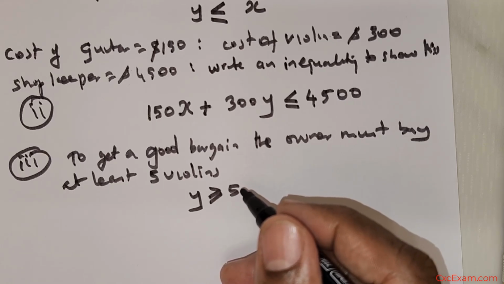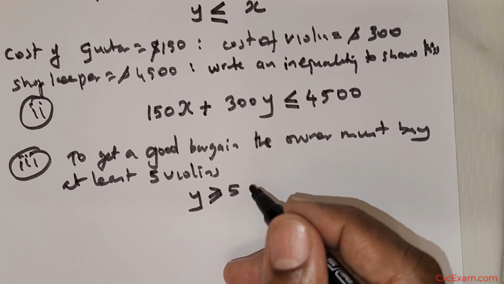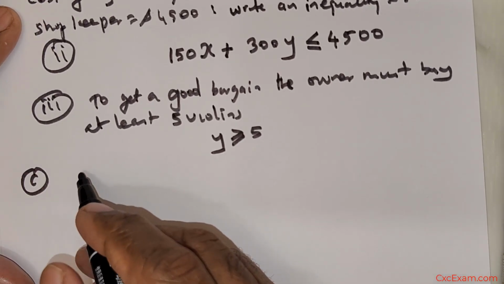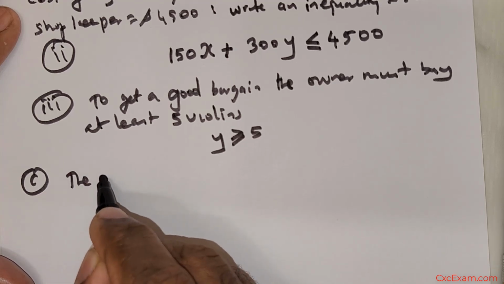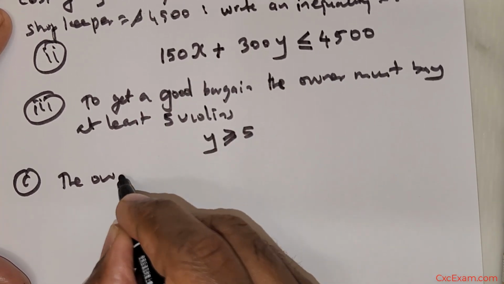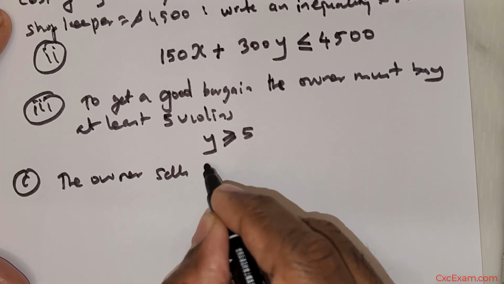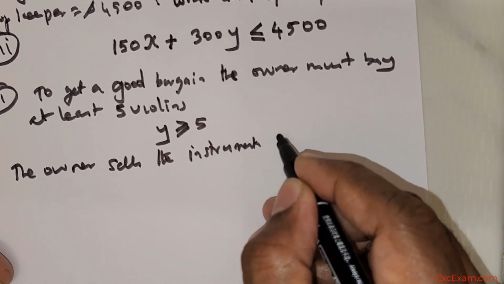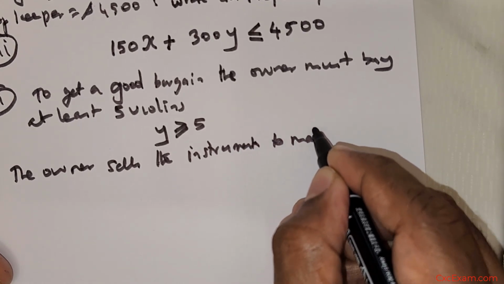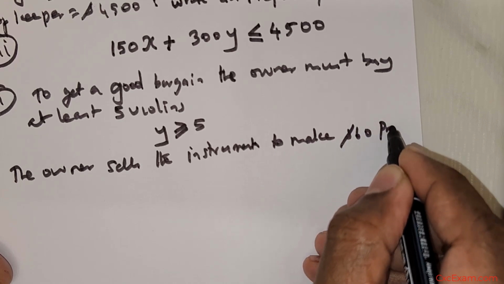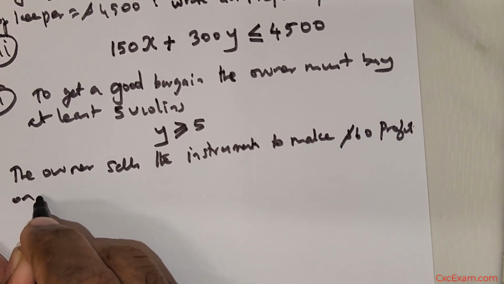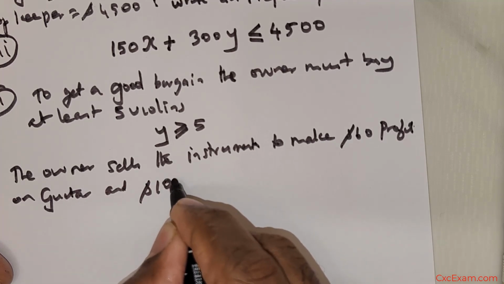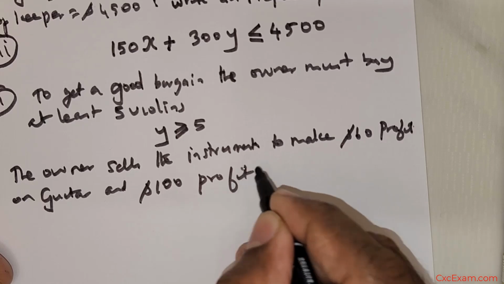Okay, so having mentioned that, let me move on to part C. Now part C is the owner of the shop sells the instruments. The owner who has bought all this sells the instruments to make $60 profit on a guitar and $100 profit on a violin.